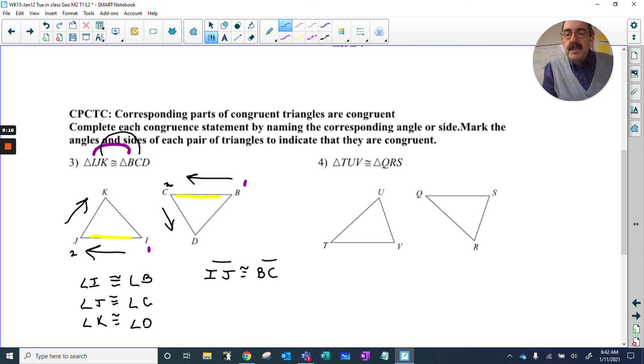JK, CD. Finish this off. We're going to go KI, DB. KI is congruent to DB. Cool. All right. So we do.